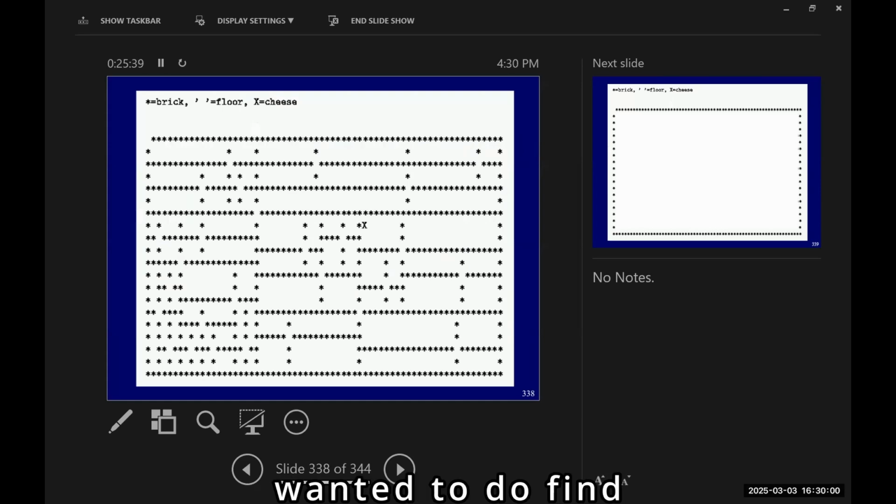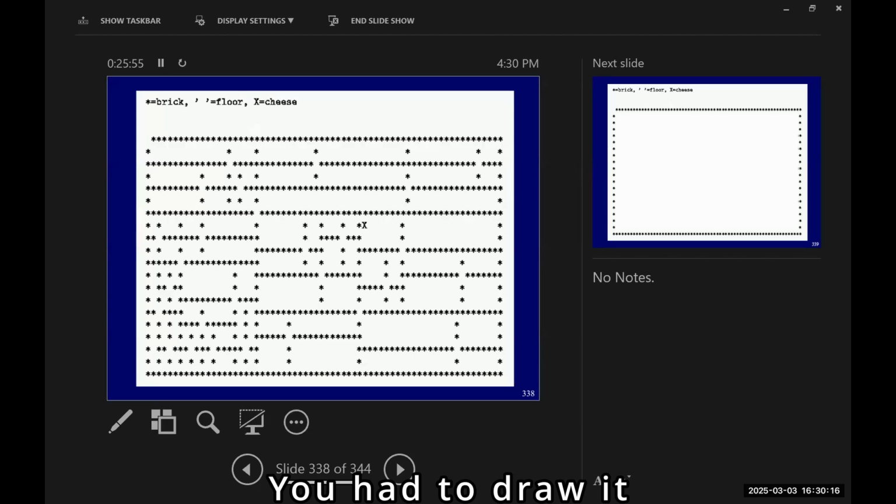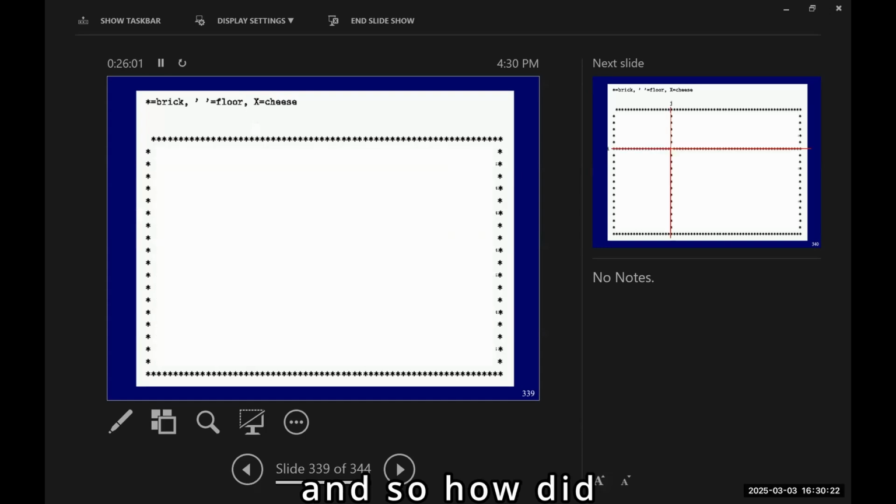wanted to find the cheese. Oh, and this was a long time ago. So this was the only output we could do, and you couldn't put a character in a random place, right? You had to draw it one line at a time. Anyway, we wanted some cheese to find, and so how did we get to this maze?